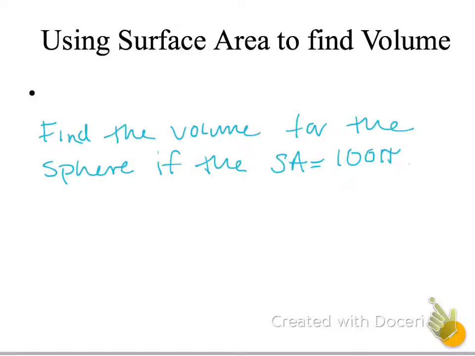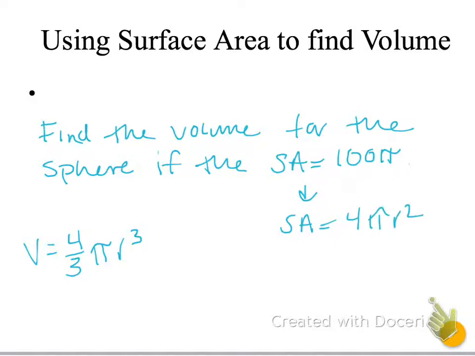Okay, so this time we're going to find the volume in terms of pi for the sphere if the surface area is 100 pi. So we're going to be kind of working around here. So our volume equation was 4/3 pi r cubed. Okay, so what we really need to find is our radius. So the equation for surface area, so we can kind of find our radius, is 4 pi r squared.